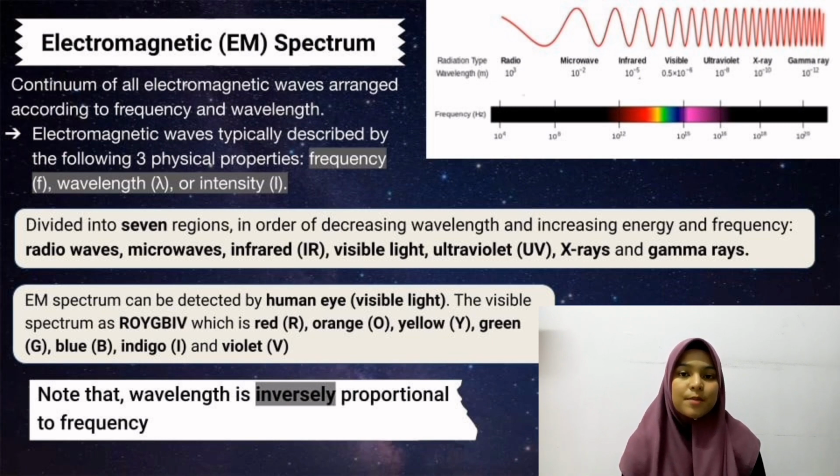It consists of red, orange, yellow, green, blue, indigo and violet. Violet has the shortest wavelength and the highest frequency, while red has the longest wavelength and the lowest frequency. Please take note that wavelength is inversely proportional to frequency.